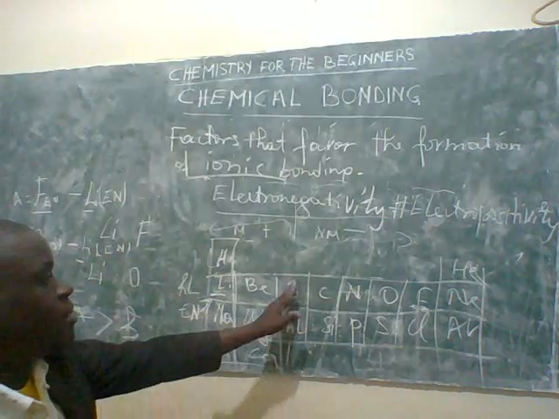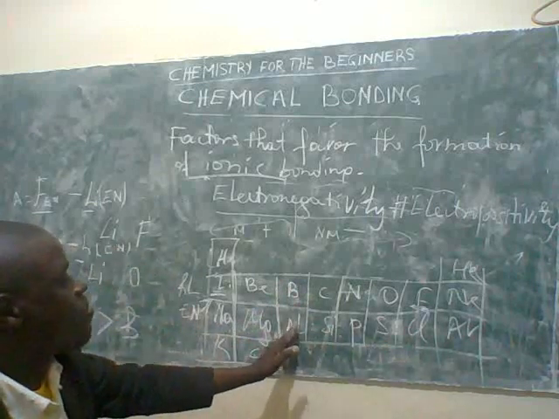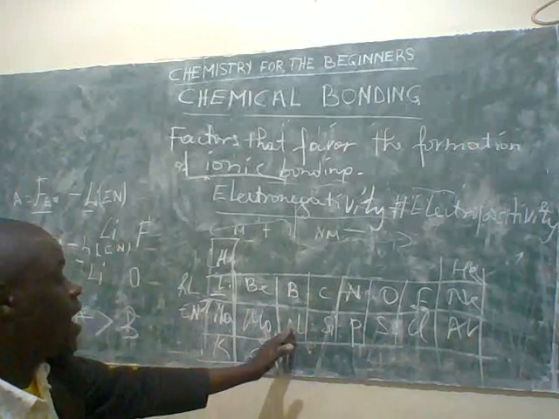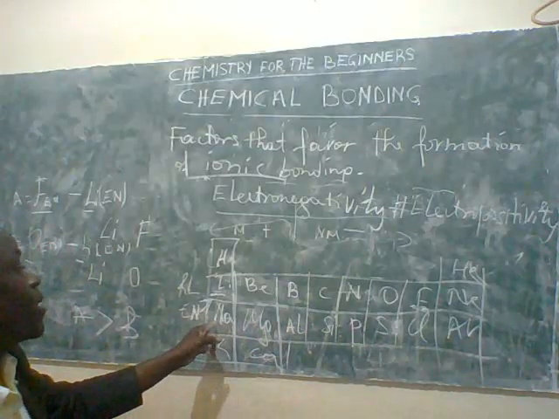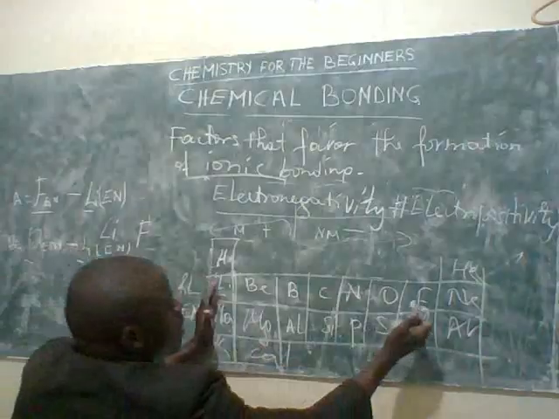The same. From here, when it is combined with this, they form less ionic compounds compared to when it is in the first group, which means this and this.